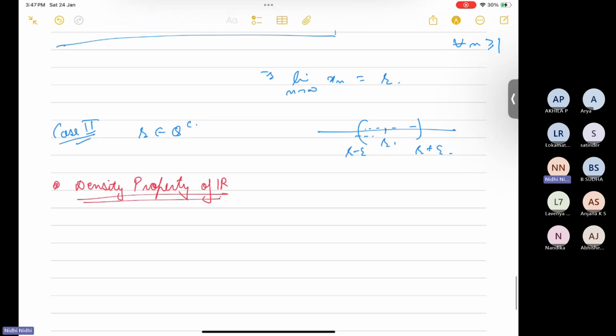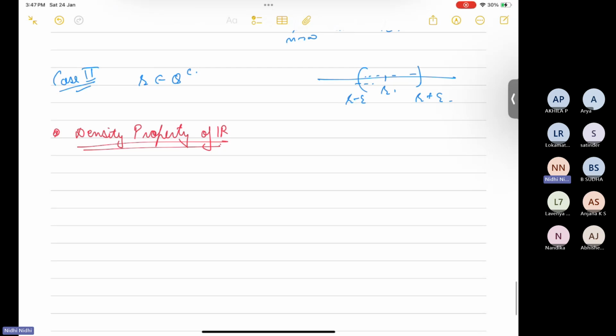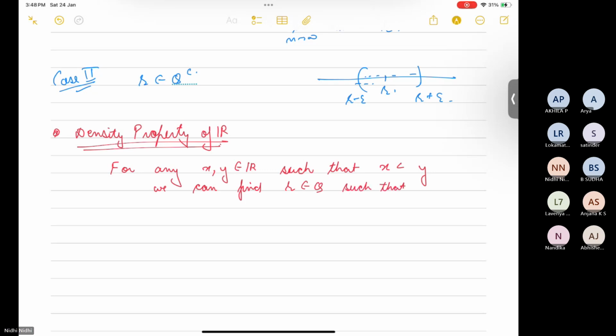That's very important. So it says that for any x, y in R, such that one of them is strictly less than the other one, that means basically these are two distinct real numbers, then we can find a rational number r such that x is strictly less than r strictly less than y.